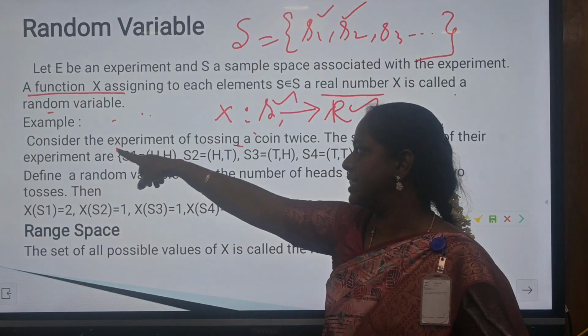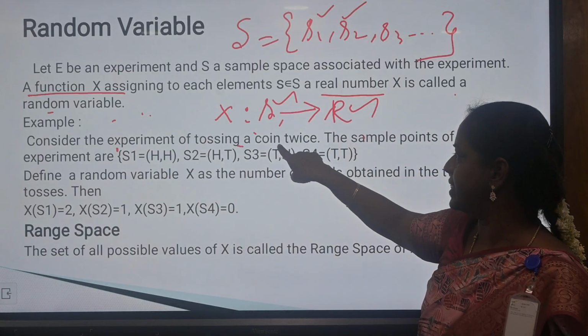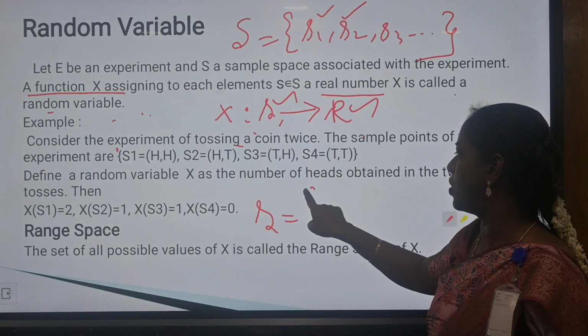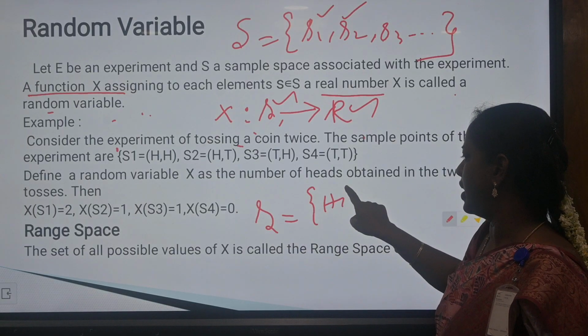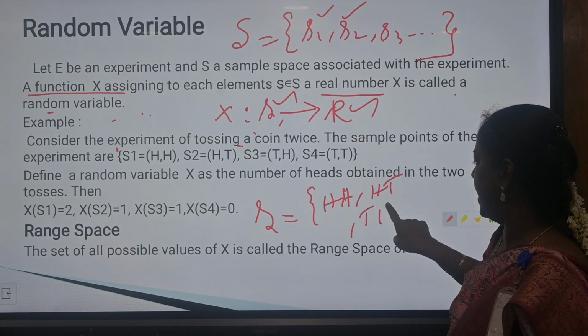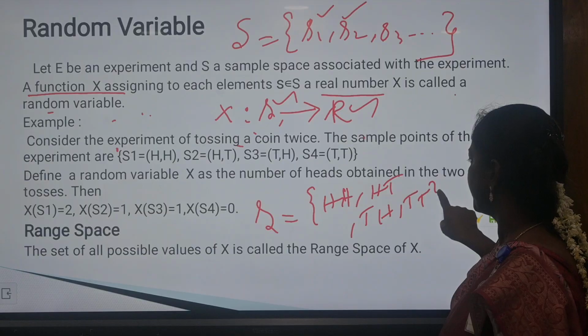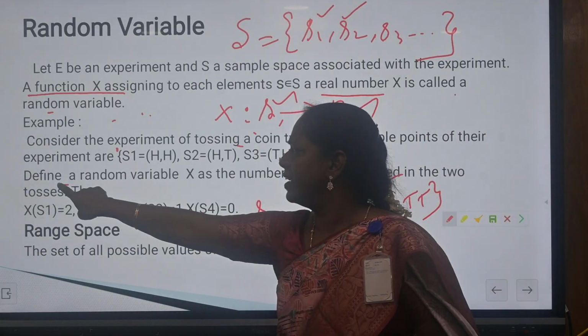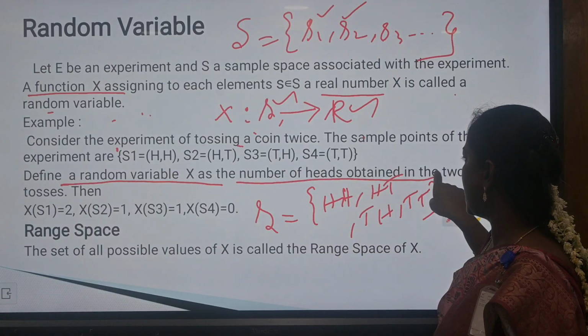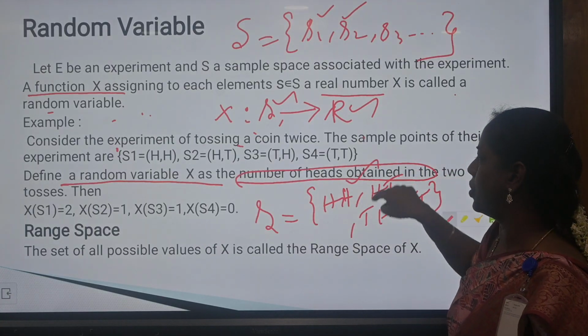Consider the experiment of tossing a coin twice. The sample space for tossing a coin twice is {HH, HT, TH, TT}. Now I define a random variable, the number of heads obtained in the two tosses.